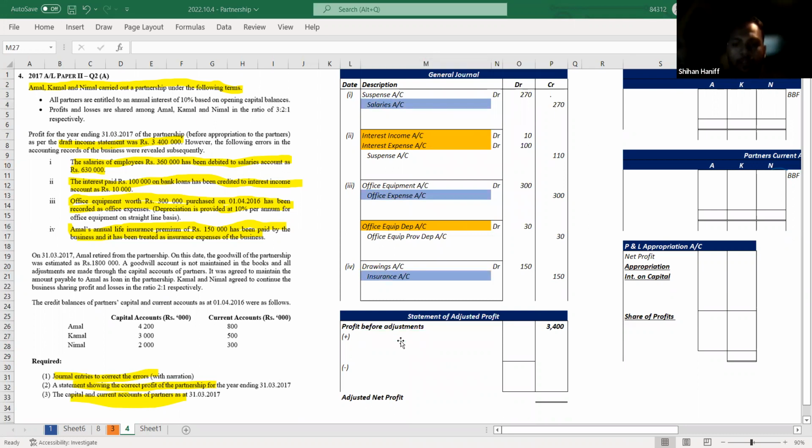So there are three accounts on the credit side: salaries, office expense, insurance expense. This is expense. And this is also salaries expense.